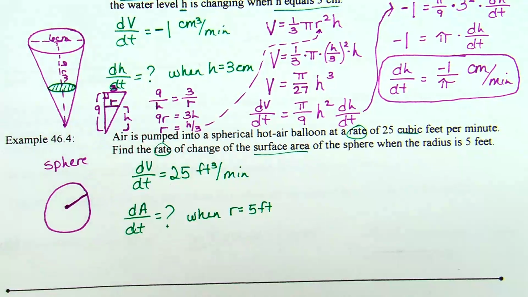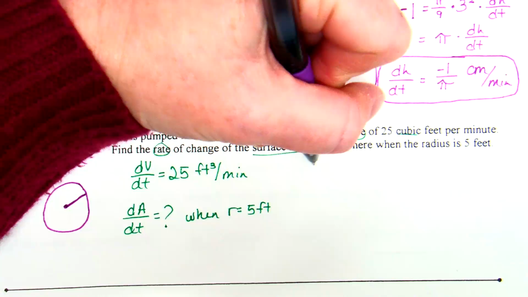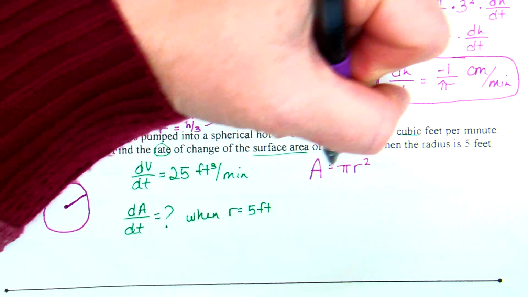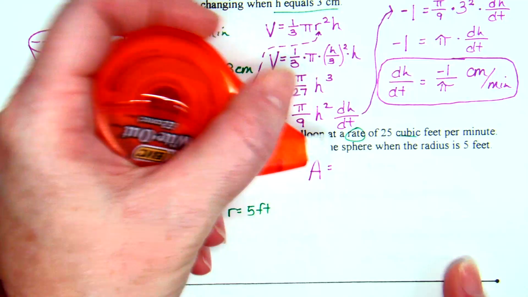First of all, surface area of a sphere. Do we remember the formula? The formula for surface area of a sphere is A equals pi r, dang it, I forgot the 4. It's supposed to say A equals 4 pi r squared, but I forgot what I was doing momentarily. So let me adjust here.